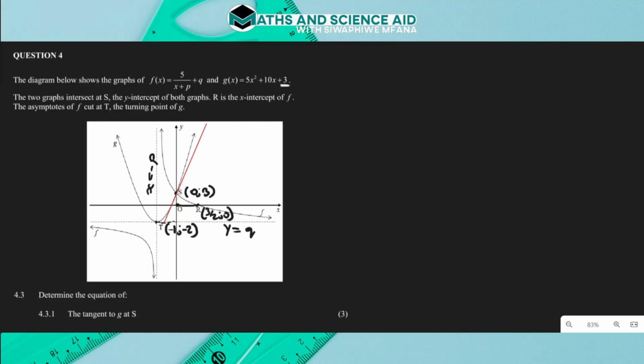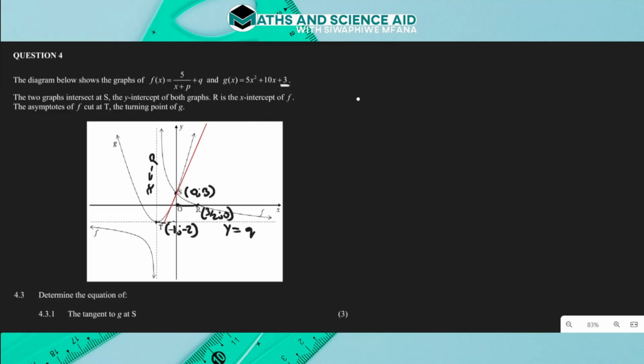So for this question, we need to use our knowledge of differential calculus. And from differential calculus, what we know is that if we take an equation of any graph and then we differentiate it, we are going to get the gradient of that function at any value of x.